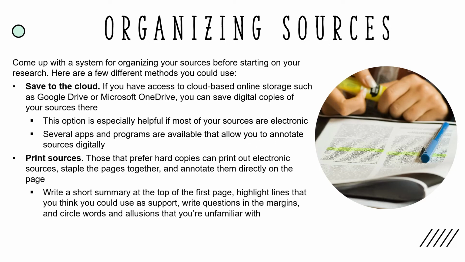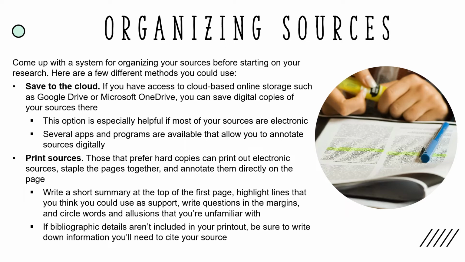Write a short summary at the top of the first page, highlight lines that you think you could use as support in your essay, write questions in the margins, and circle words and allusions that you're unfamiliar with. If the bibliographic details of a source aren't included in your printout, be sure to write down the information you'll need to cite your source later on.